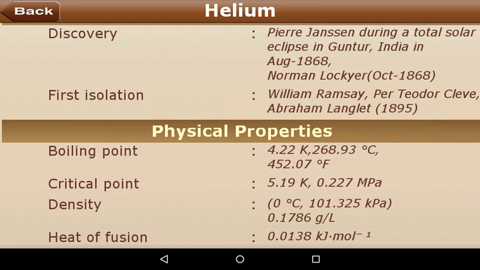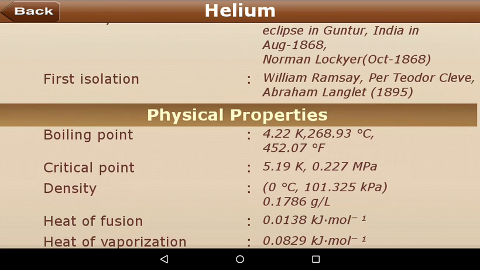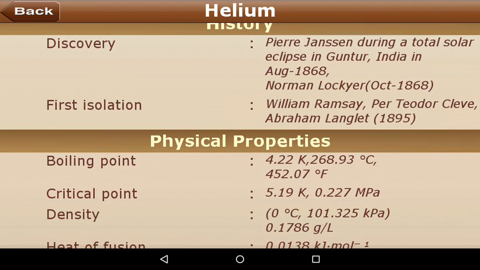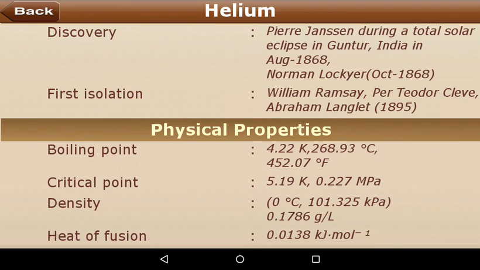A little discussion of the discovery: there are 2 people who fight over the discovery of helium. Norman Lockyer also claimed to have discovered helium in 1868, in the same year, in October.